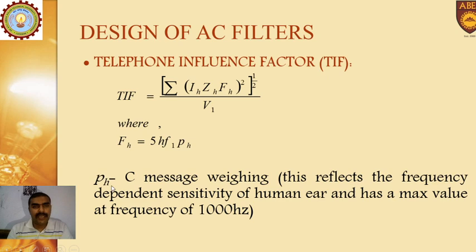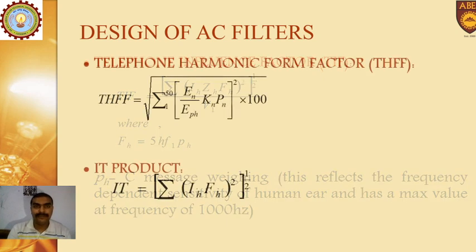Because it is related to the telephone influence factor, it is related to human ear sensitivity. So this PH is the C message weighting. This reflects the frequency dependent sensitivity of the human ear, and it has a maximum value at a frequency of 1 kilohertz.